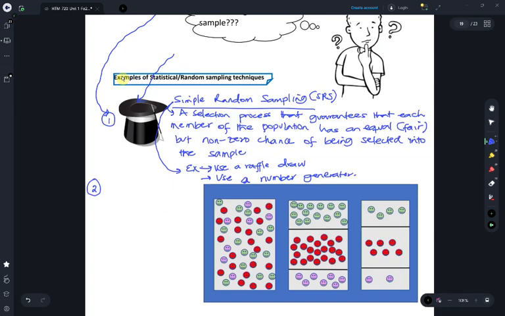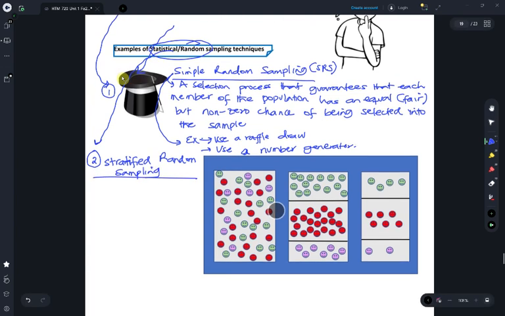Another very common statistical or random sampling technique is stratified random sampling. Let's write that clearly. Stratified random sampling. Consider this population. So this is the population of interest. Our goal is to select a sample from that population.